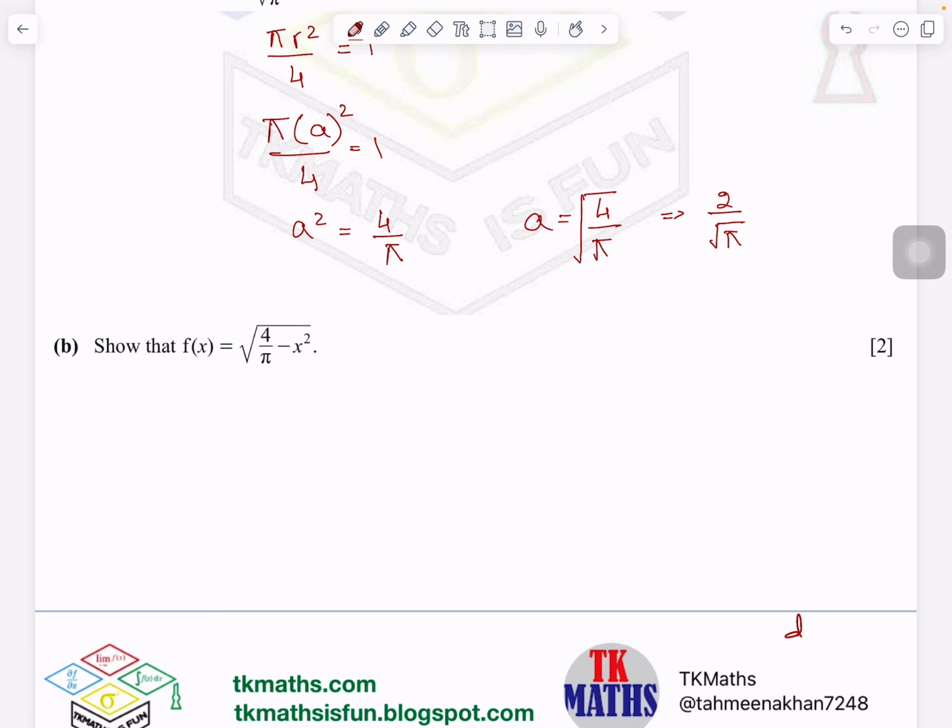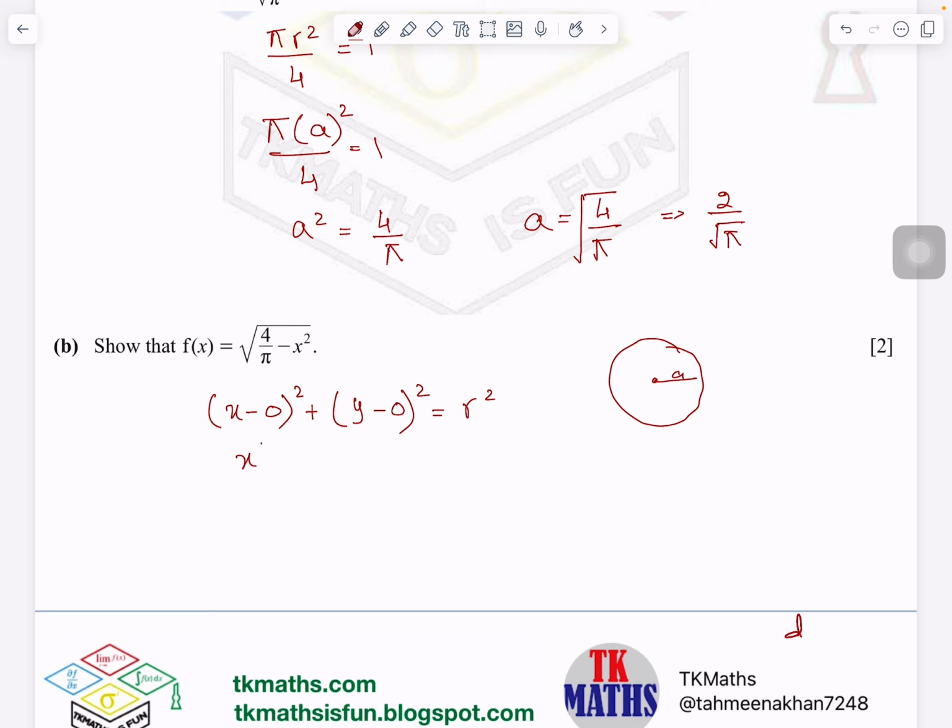So equation of a circle where the center is 0, 0 and radius is A will be what? x minus 0 square plus y minus 0 square equals to r square.